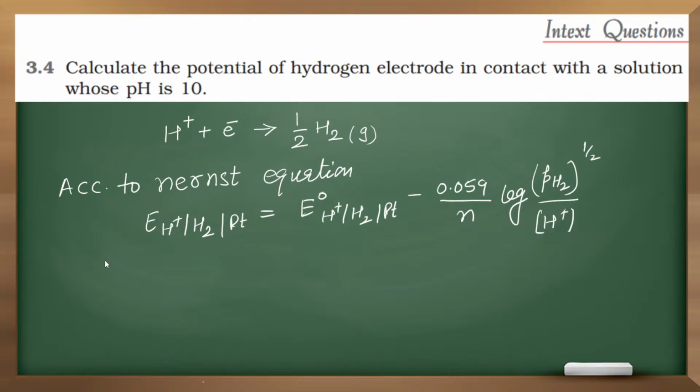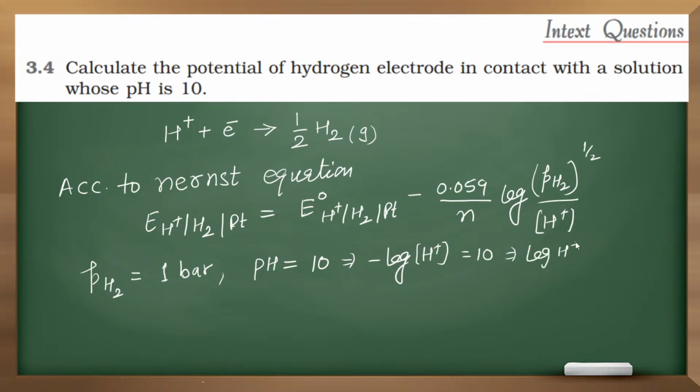Now, as pressure is not given, whatever is not given, we will take as standard. So pressure is taken as 1 bar, and pH is given to you. So pH is minus log of H+ ion. That implies log of H+ is equal to minus 10. H+ is 10 raised to power minus 10.